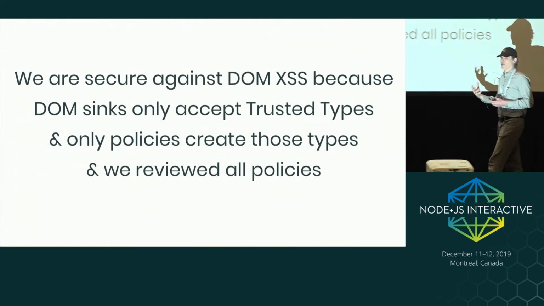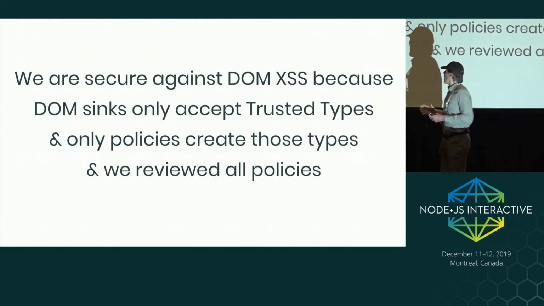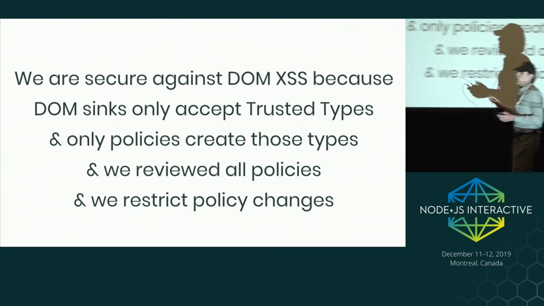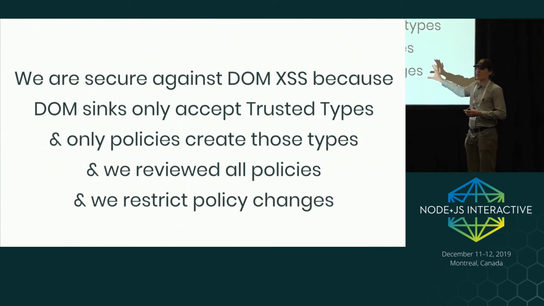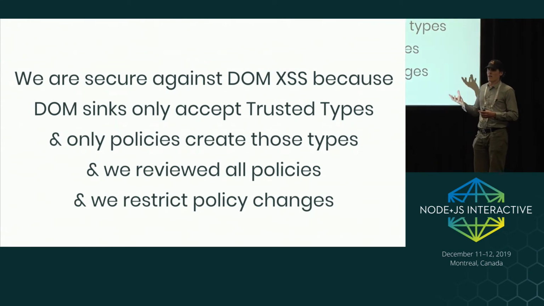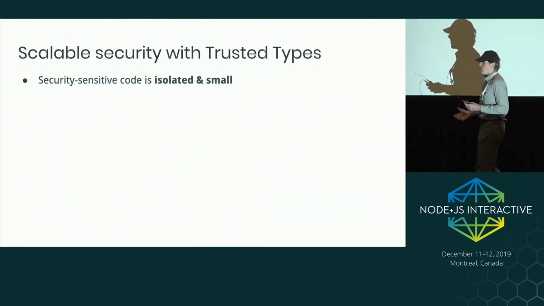And the security experts have reviewed all that policy code, and hopefully they're good at their job. And we restrict policy changes to a small, not frequently changing subset of the code. So those reviews can be thorough.